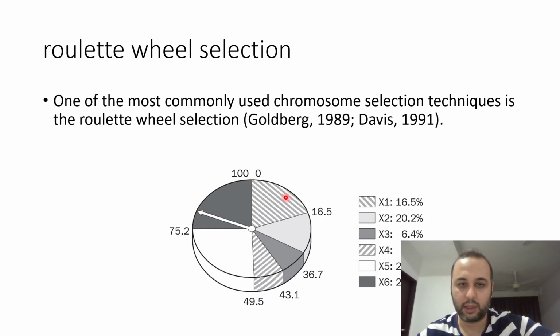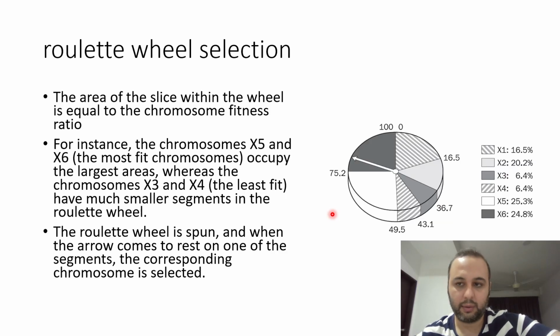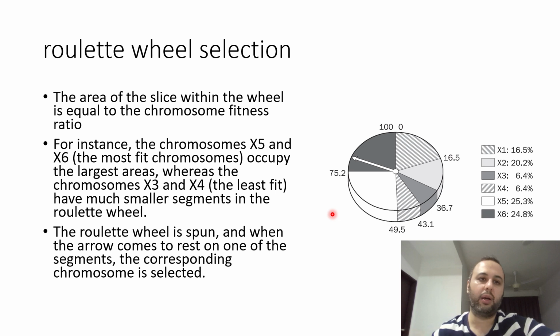If it stops in here, X1 is selected. So how is this roulette wheel created? Based on the percentage of the value of each chromosome. The area of the slice within the wheel is equal to the chromosome fitness ratio.